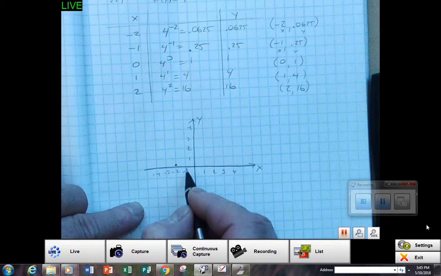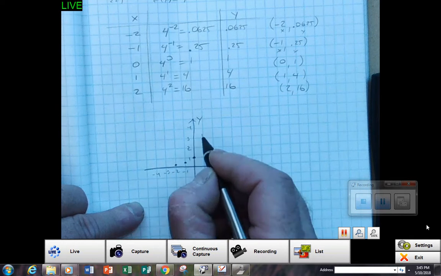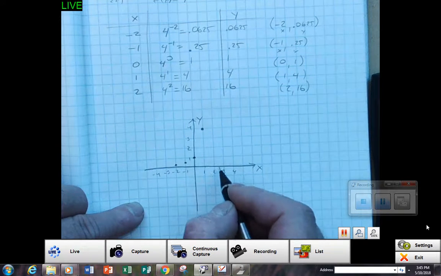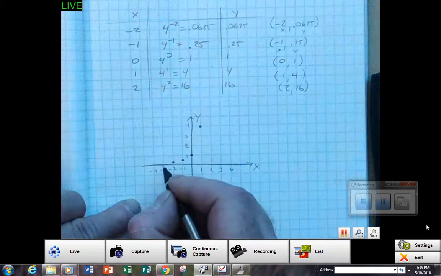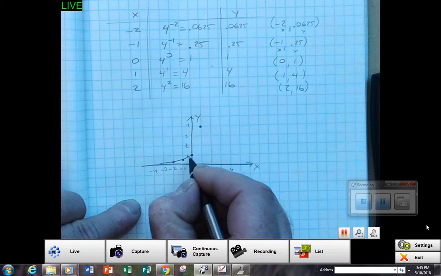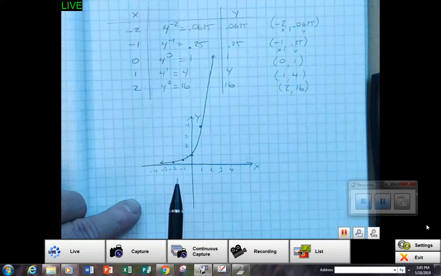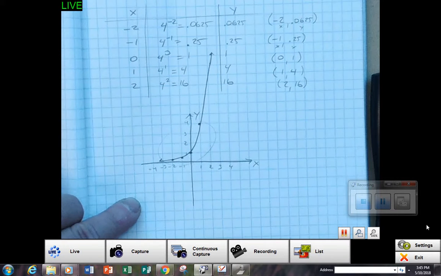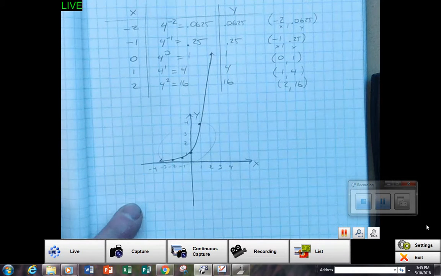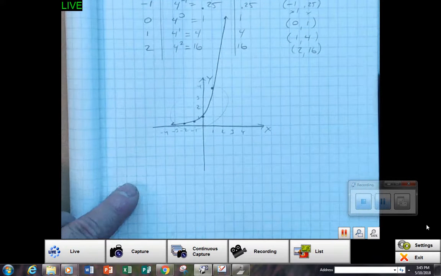Negative 1 for x, going up a quarter. 0 for x, going up to 1. 1 for x, all the way up to 4. 2 for x is going to be way up off my graph even. So if I draw it, it has that exponential look that starts off kind of flat and then shoots way up, but he's going to be looking for mainly those numbers right there. So that is 21. 22. Inverses.